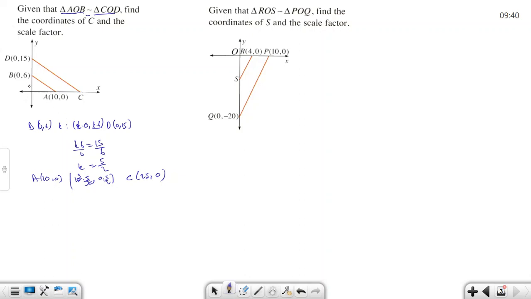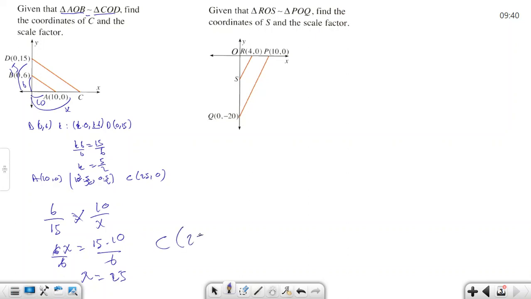The second method uses the similarity rule. This distance is 6 and this distance is 15. That's 10 and that's unknown, let's say x. So 6 over 15 equals 10 over x. Cross multiplying, 6x equals 15 times 10, simplify by 6, so x equals 25.